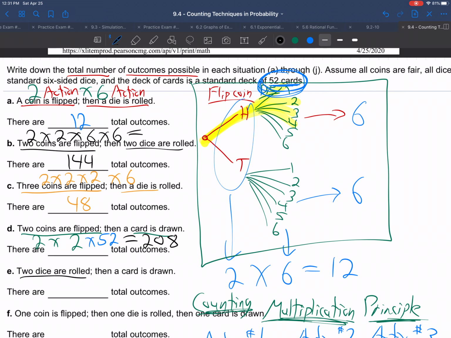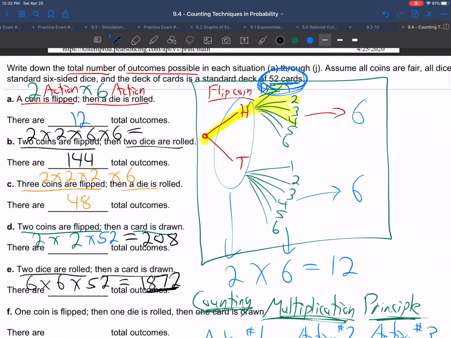Next, 2 dice are rolled. That's 6 times 6. 6 outcomes, and then a card times 52. 52 different things can happen when you grab a card out of a deck. And I'm getting 1872 total outcomes are possible.